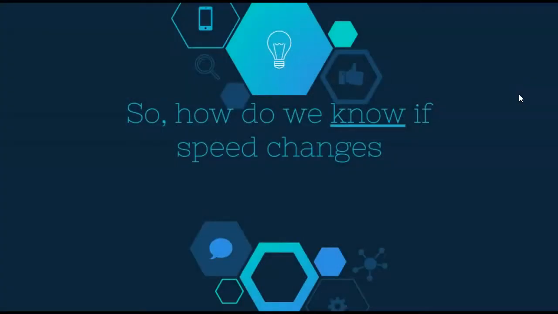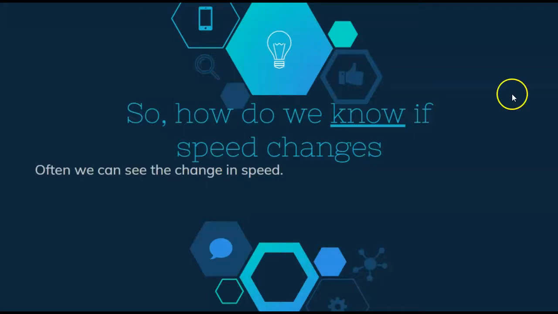So how do we know if speed is going to change? How can we plan for it to change speeds? We can often see it change speeds, but how do we know without a doubt we're going to be changing the speed?